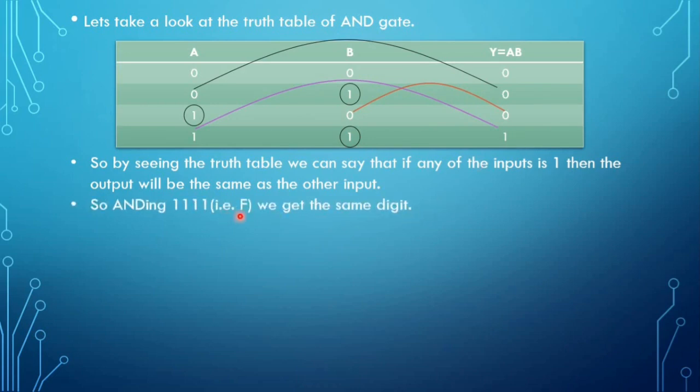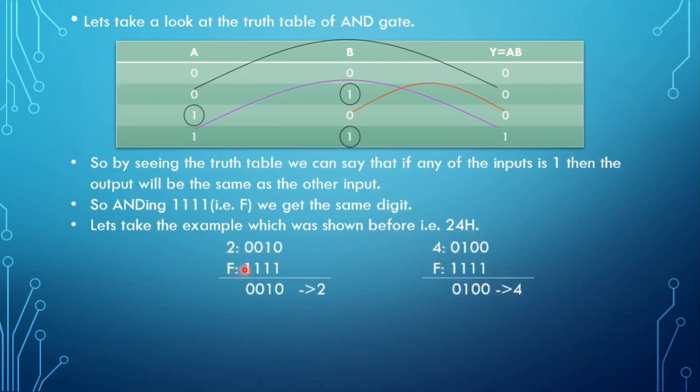So, ANDing 1, 1, 1, 1, that is F, we get the same digit. Let's take the example which was shown before, that is 24H. If 2 and F are ANDed, we get 2 as the result. Similarly, if 4 and F are ANDed, we get 4 as the result.